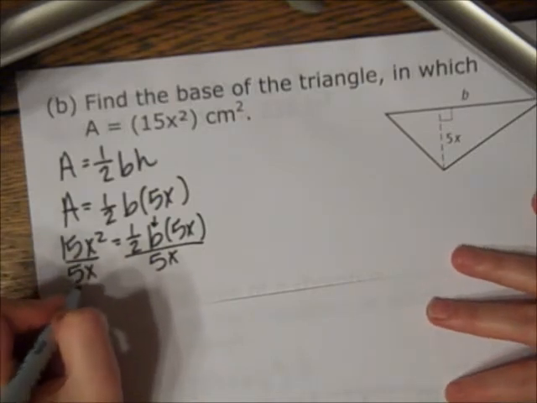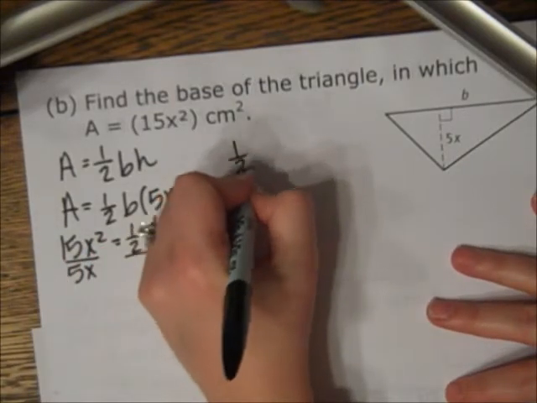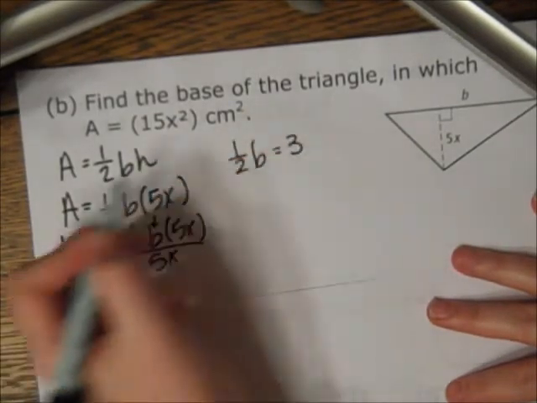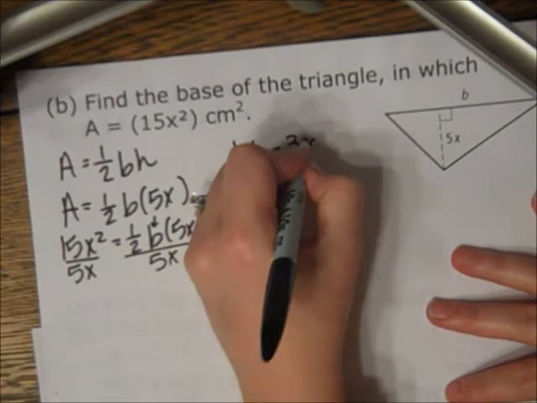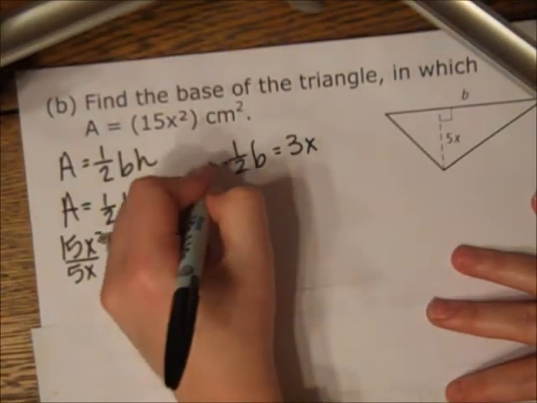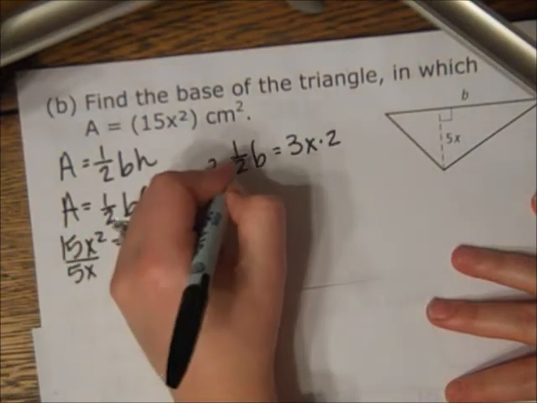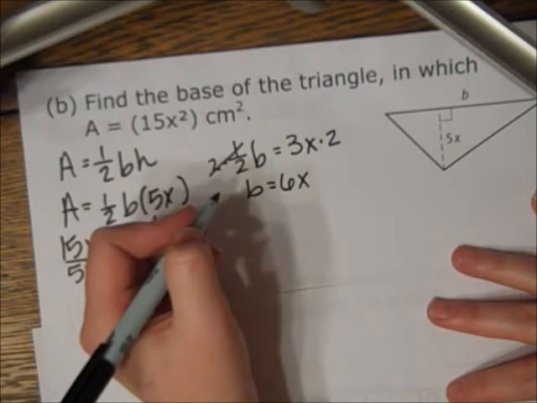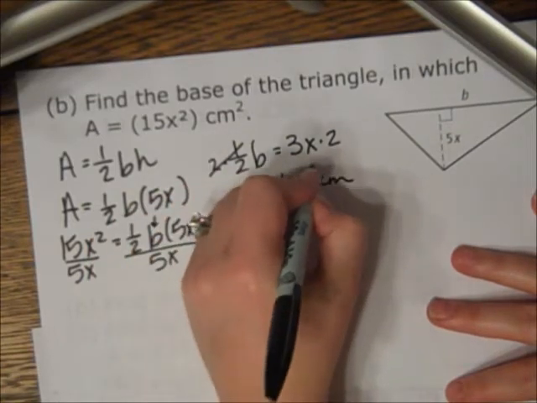So 15x squared divided by 5x, we still have 1/2 b. 15 divided by 5 is 3. X squared divided by x is x. Then to get off the 1/2, we're going to multiply by 2. So b is equal to 6x centimeters.